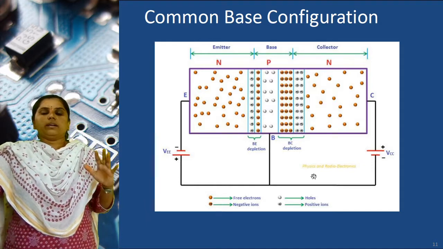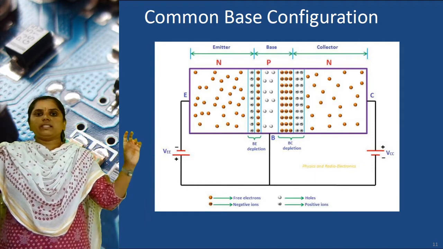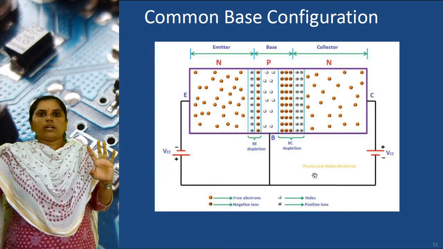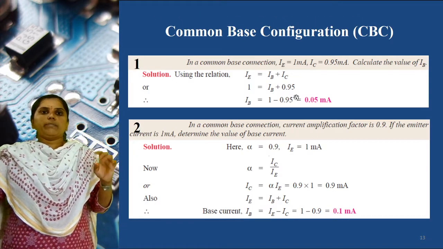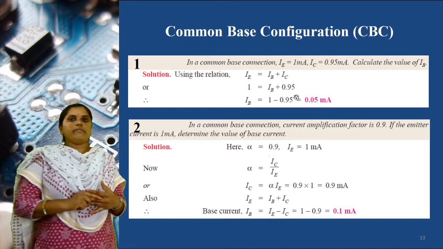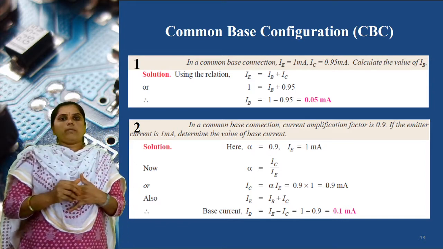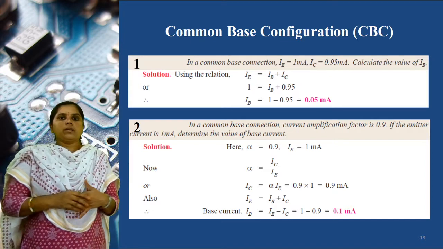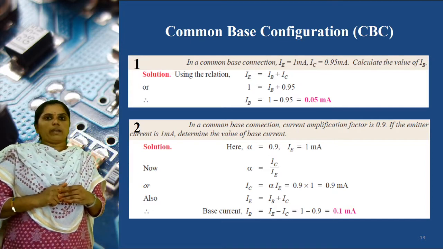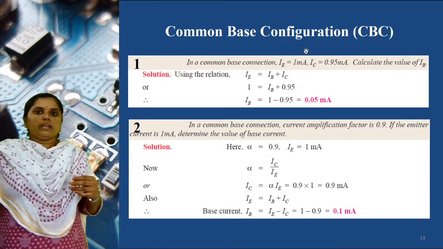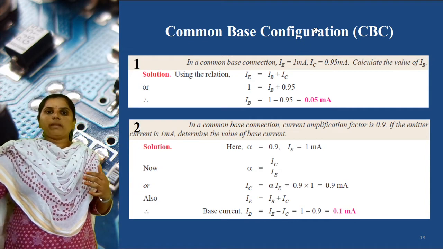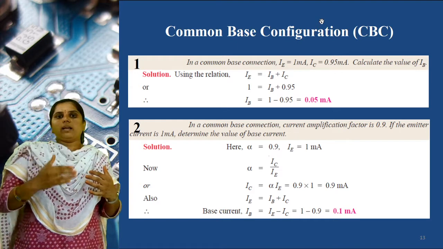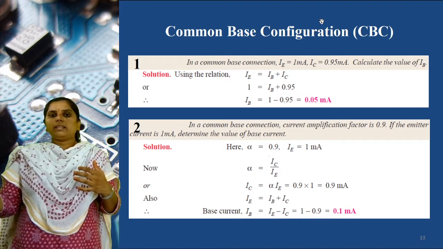Here we have seen the input characteristics and output characteristics of common base. Some important problems are there with the common base configuration, and this type of problems are asked in previous question papers. So see here, in a common base configuration, what is the input terminal? Emitter is the input terminal, collector is the output terminal.